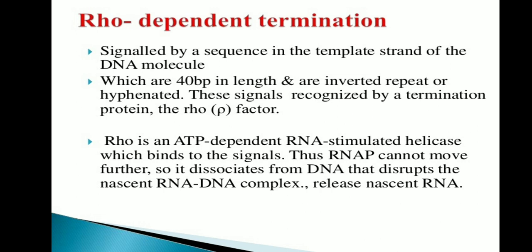These signals are recognized by the termination protein called the rho factor, right? That's why it is called rho dependent termination. Rho is an ATP dependent, RNA stimulated helicase. It means it requires ATP for its activity, and it depends on the RNA.